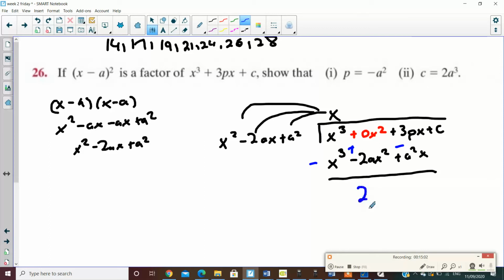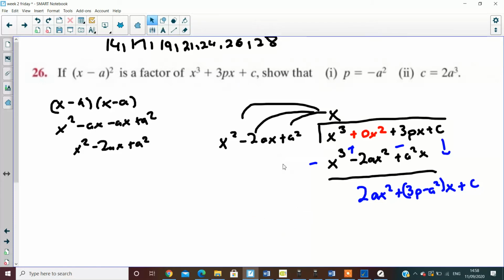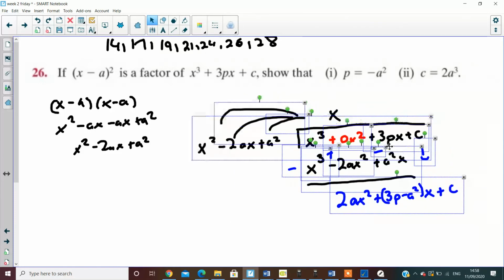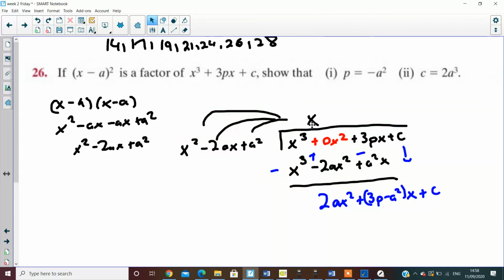So 2ax squared, 3p minus a squared x, plus c on the drop. Alrighty. 2ax squared divided by x squared is, anybody? 2a.